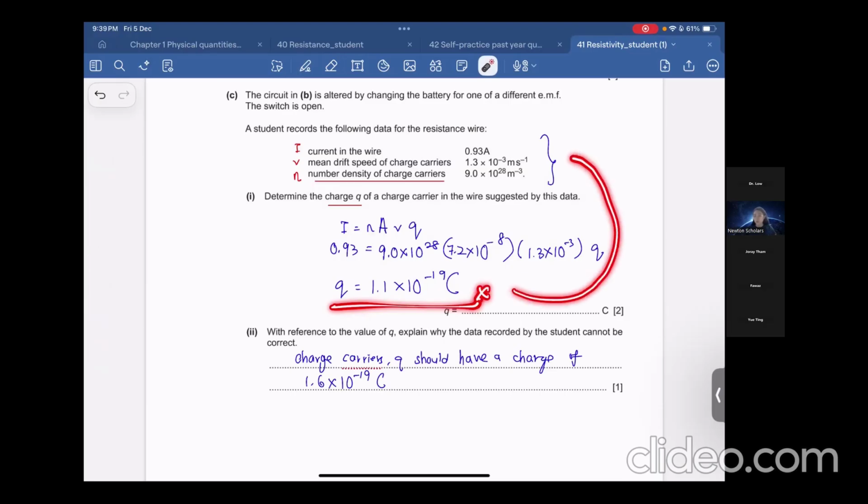So I can conclude that the data they get is incorrect. If correct, I should get near to 1.6 times 10 power of negative 19 C, or exactly 1.6. Okay, is that clear?